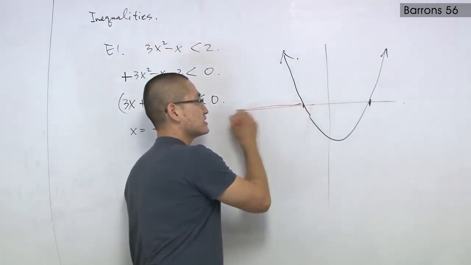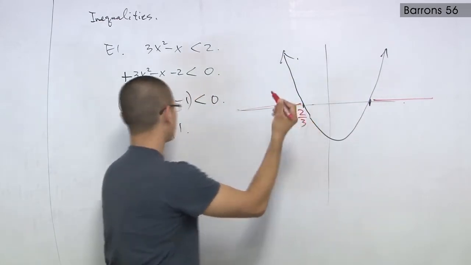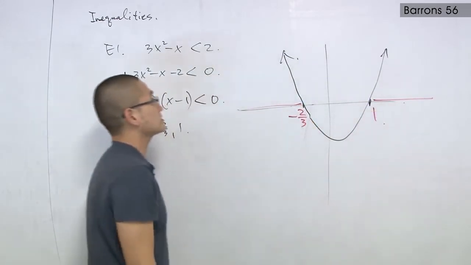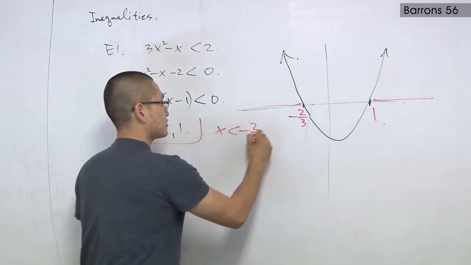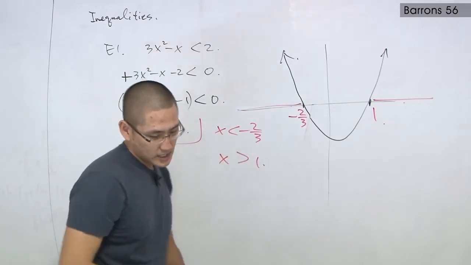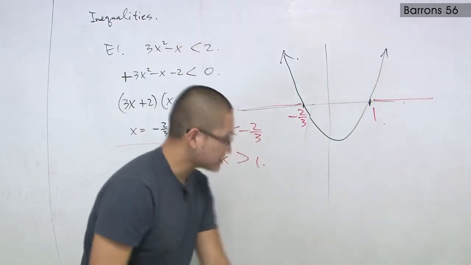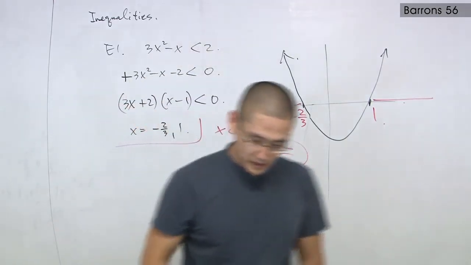So I'm looking for this interval and that interval, right? Here's minus 2 over 3, and plus 1. So my answer is x has to be less than minus 2/3, or x has to be greater than 1. That's the answer. And the answer for us is E. Done. Moving on to the second one.